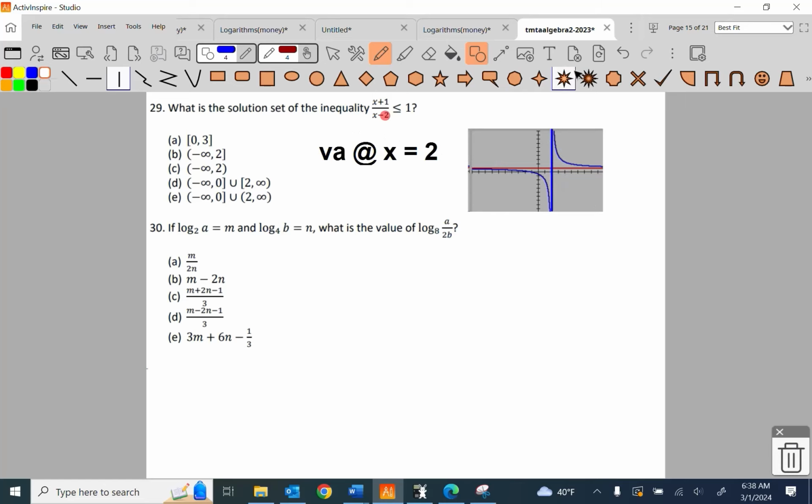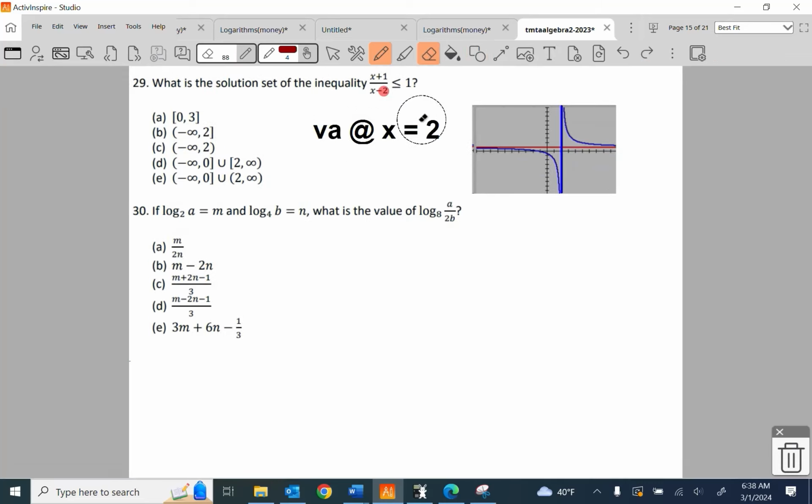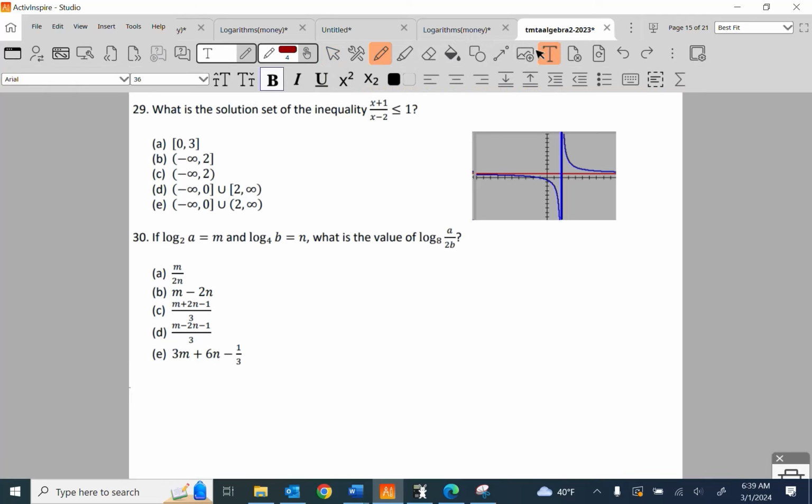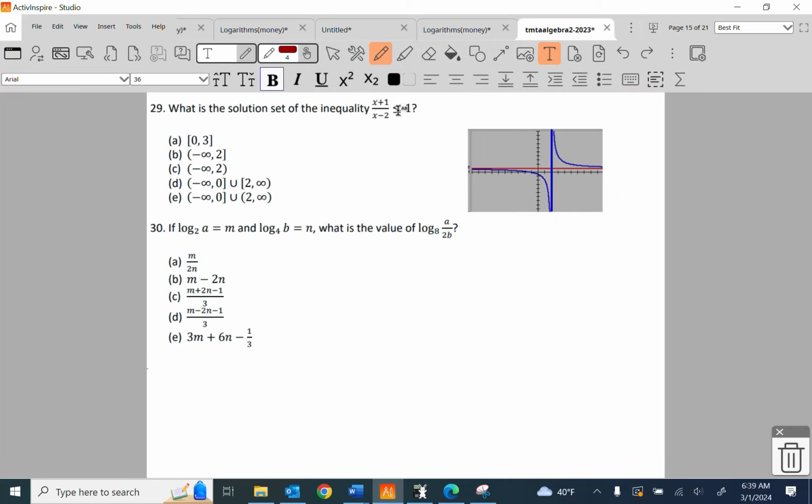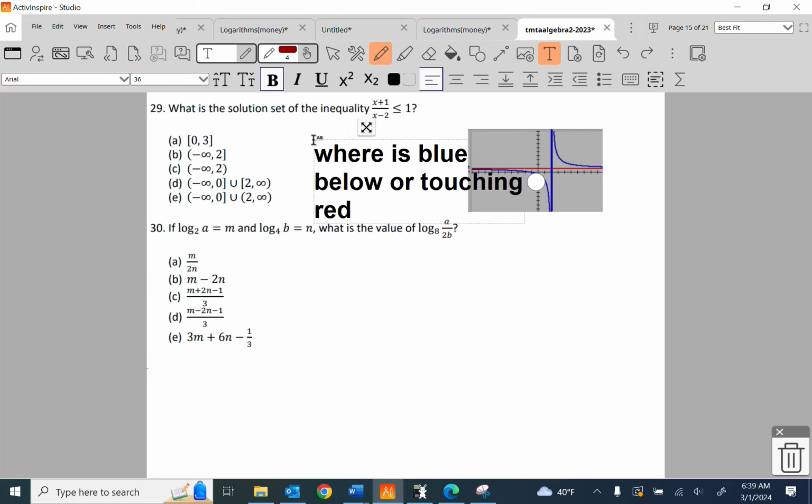Now, as far as interpretation of what it's asking, since you guys are so used to working with these color calculators, it is literally asking, where is blue below or touching red? That's happening so long as we are left of positive 2.